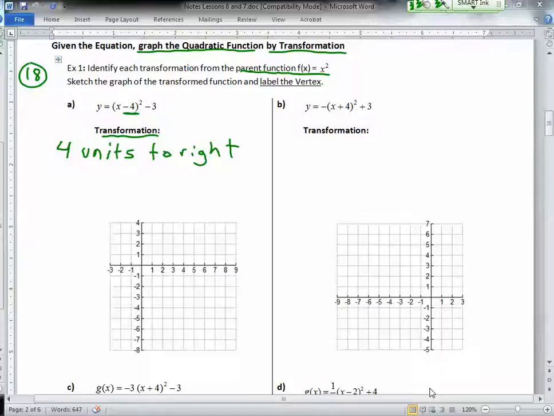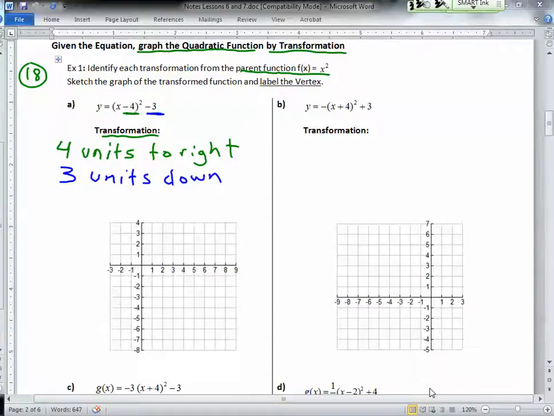So since it's a -4, we go 4 to the right. And I also have a vertical shift of 3 units, and that'll be 3 units down. All right. So I do not have any stretch or compression, and it's not flipped over the x-axis, so that's going to be it. So now I can take my pencil.